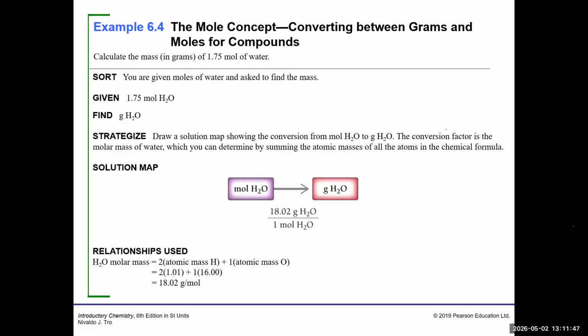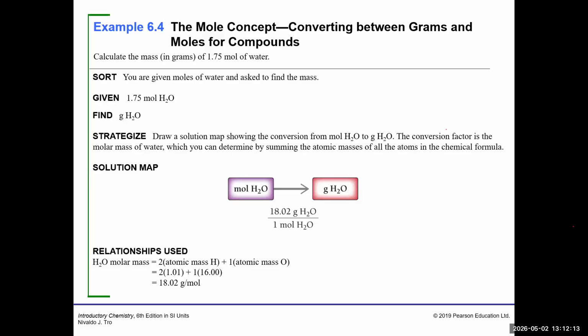So 18.02 grams of water is 1 mole, and that 1 mole becomes 6.02 times 10 to the power of 23 molecules. And for something like carbon, maybe 12 grams is 1 mole. You see that mole thing? It's very, very fun. You just understand how the mole works, and then you'll be happy working with it.